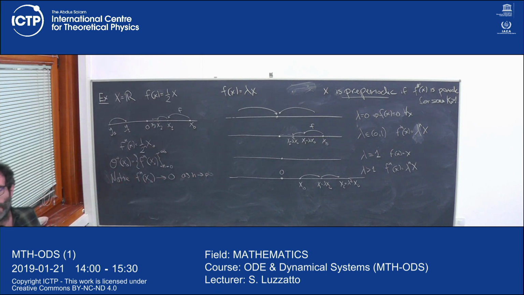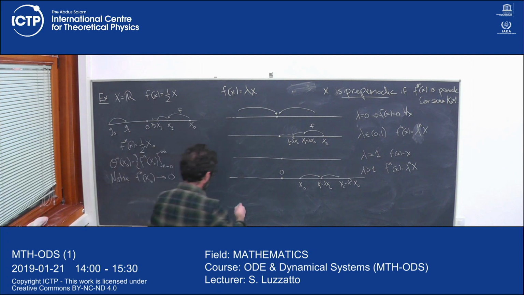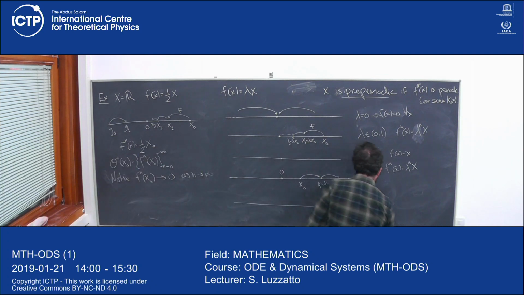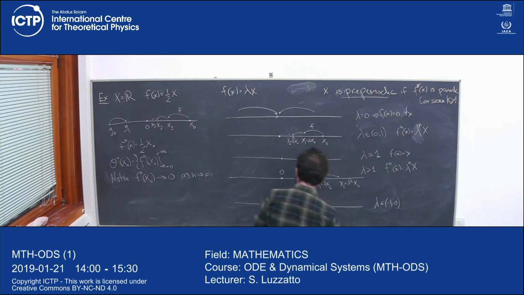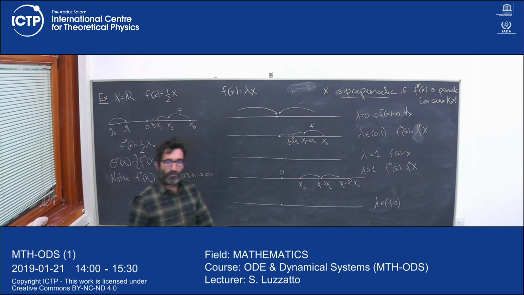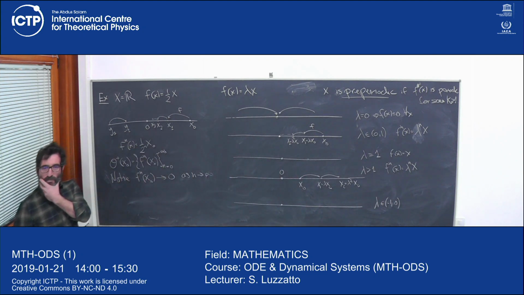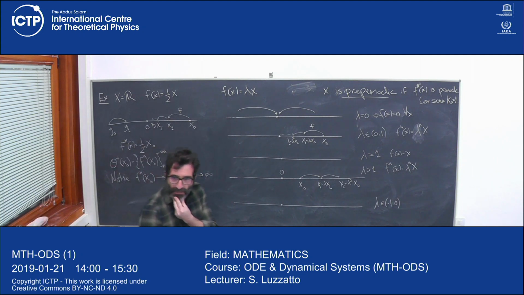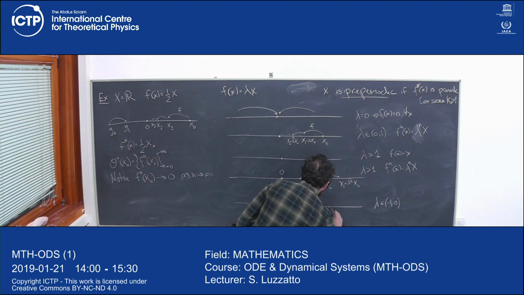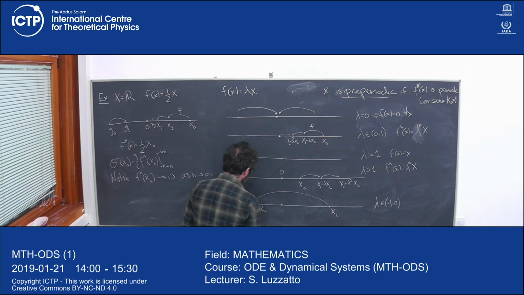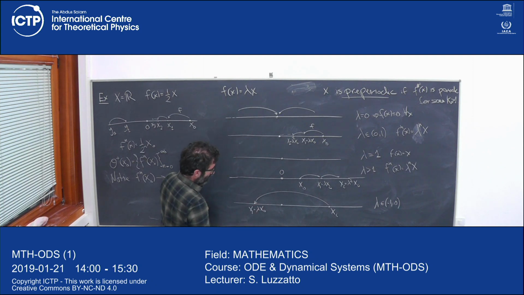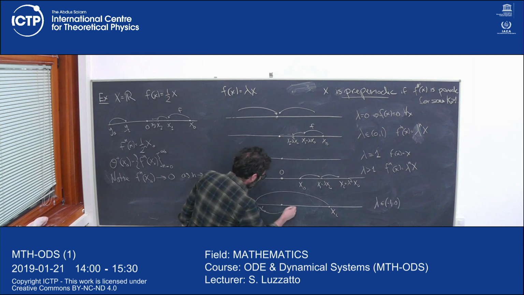Is this all the cases? No, negative. What happens if it's negative? So let's say lambda is between -1 and 0. It flips and starts approaching 0. Exactly. So it flips. So you have x0, and then you have x1, which is still equal to lambda x0, but lambda is negative, so it's gone negative, and then you multiply by lambda again.